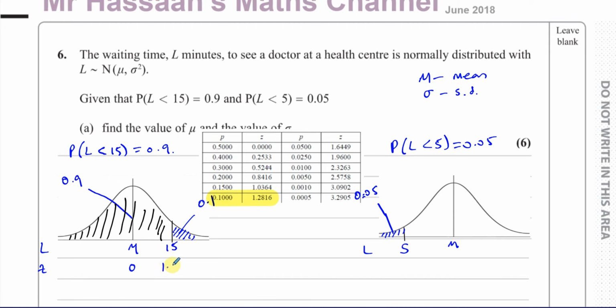So here I'm going to put 1.2816. That's the Z value such that the area to the right of it is 0.1. So I've now found the standardized value for this first situation.